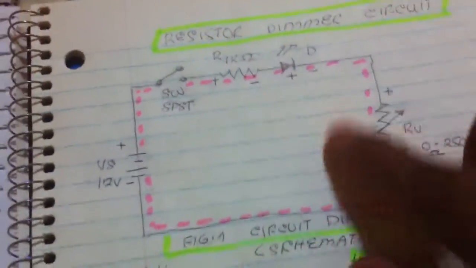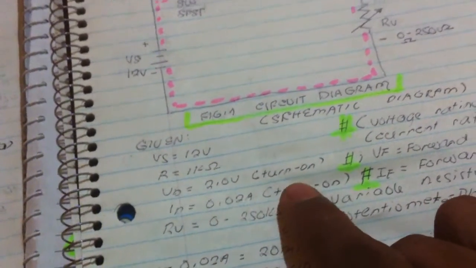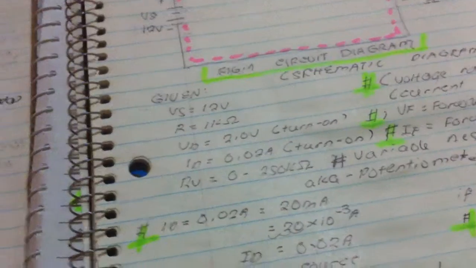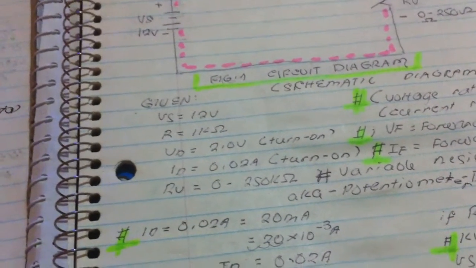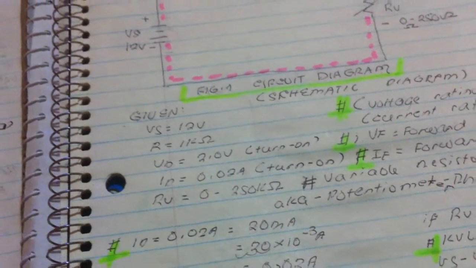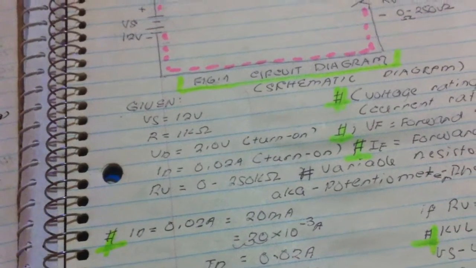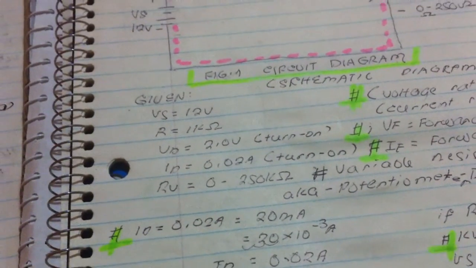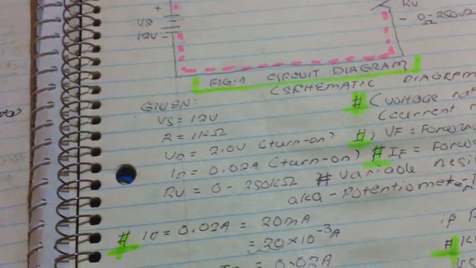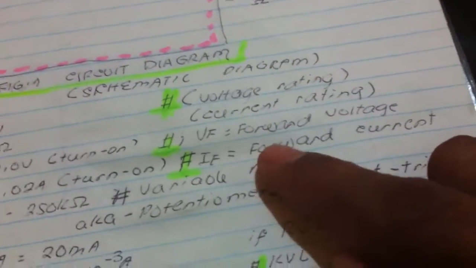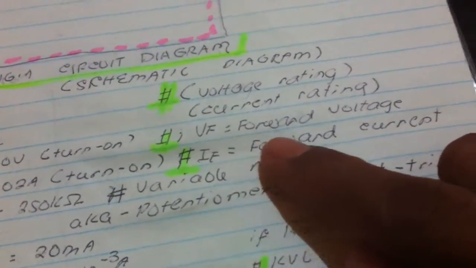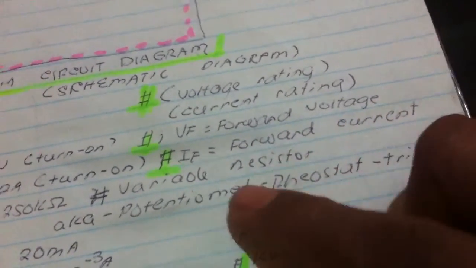And the diode here: 2 volts turn on. That is the voltage rating of the diode. It means it should be 2 volts to make the LED light or turn on. Some use the term forward voltage.